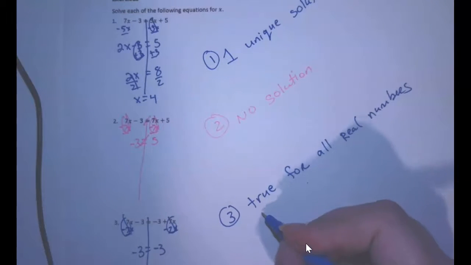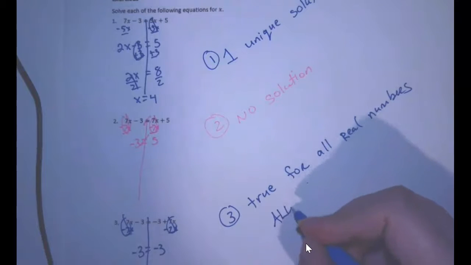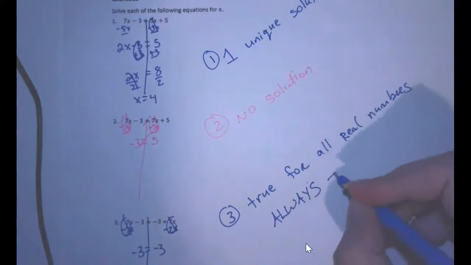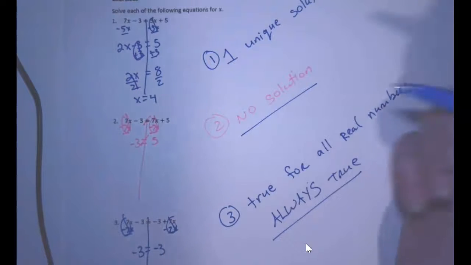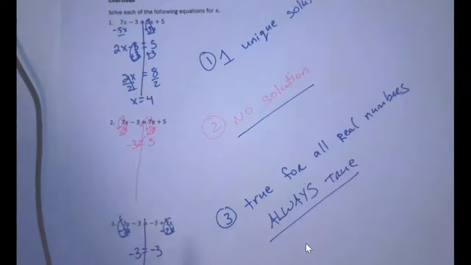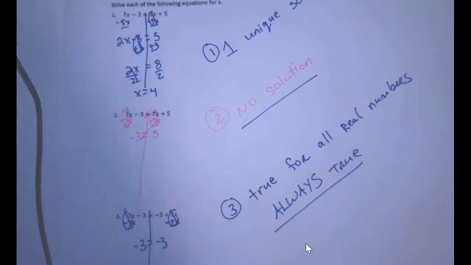And often we just say always true here, and no solution here, and then one solution for that. So those are our 3 categories, and as we work through today's work, we're going to classify each of our solutions with one of those categories.